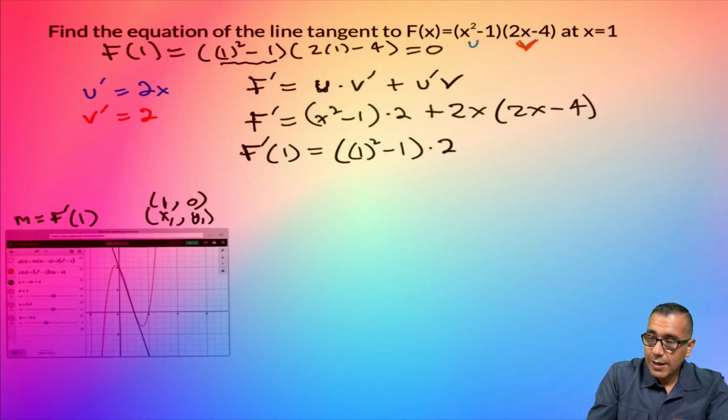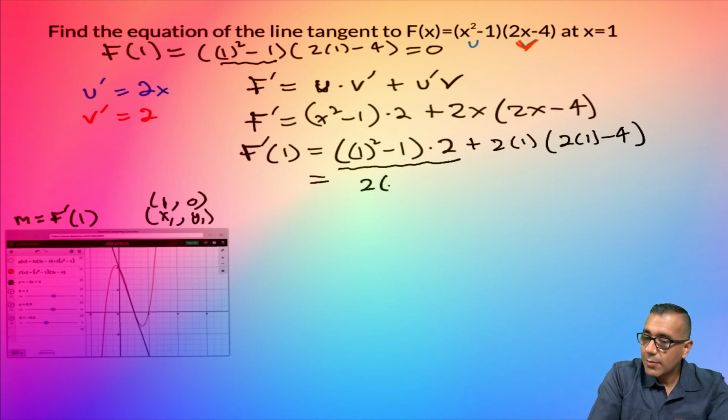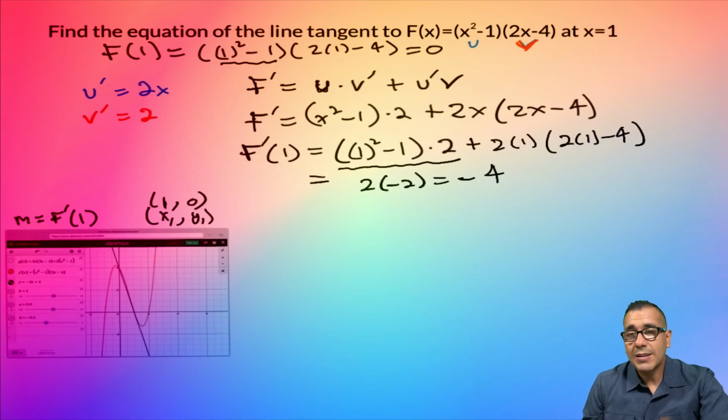And then we have plus 2 times 1 times the product 2 times 1 minus 4. And so we're left with 2 times negative 2. I believe we did this in the last example, so it's okay, giving us more practice. And we get this negative 4.